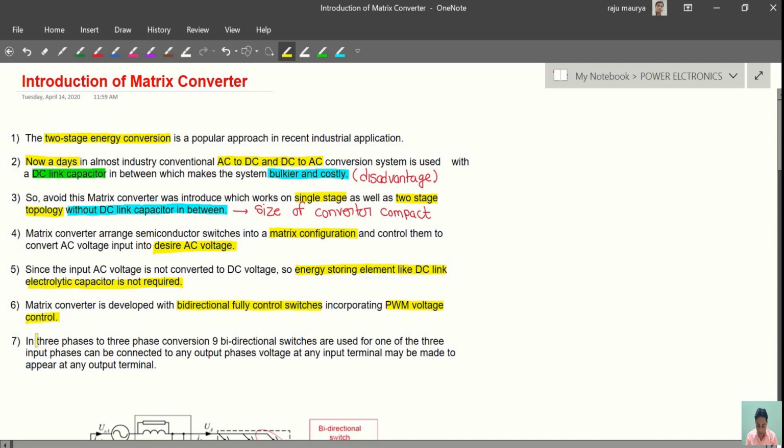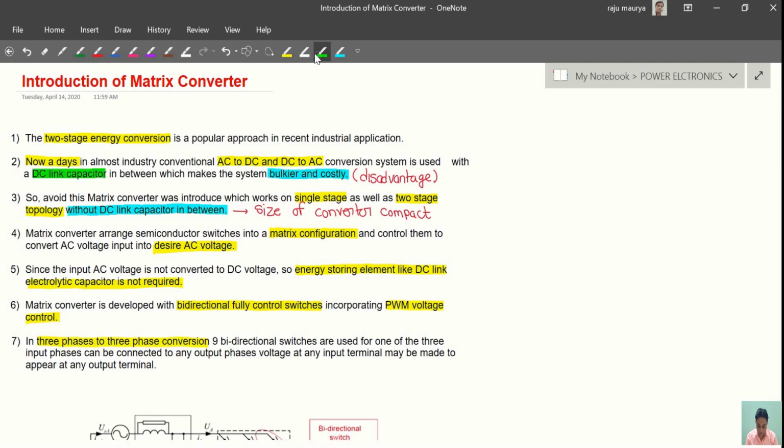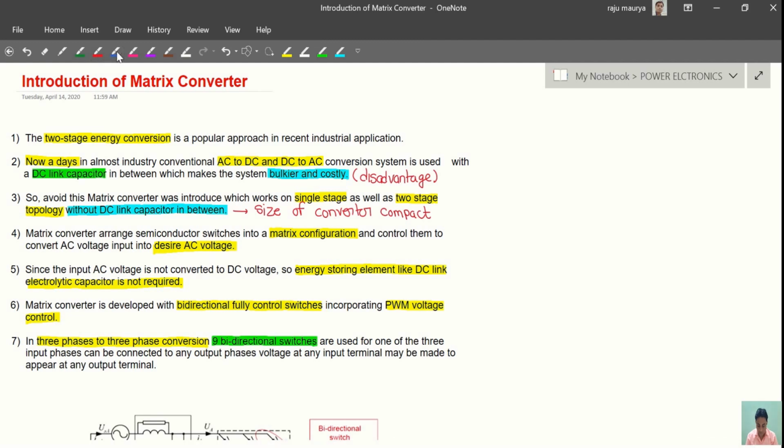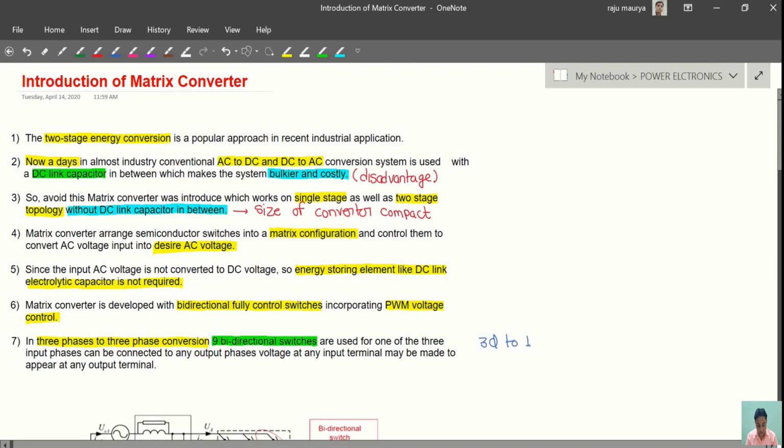For three-phase to three-phase conversion, 9 bidirectional switches are used, and with a matrix converter we can convert three-phase to single-phase, three-phase to three-phase, three-phase to 6 pulse, 9 pulse, three-phase to four-phase, three-phase to five-phase, six-phase, etc. Since any input phase can be connected to any output phase, the voltage at any input terminal may be made to appear at any output terminal.